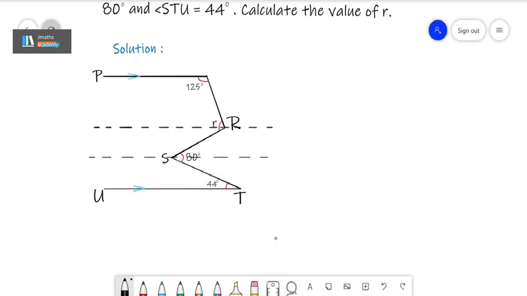So this line is parallel to this line. With these lines, I think it's easier for us to find our angle R.